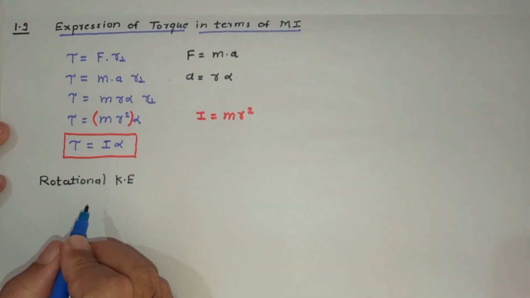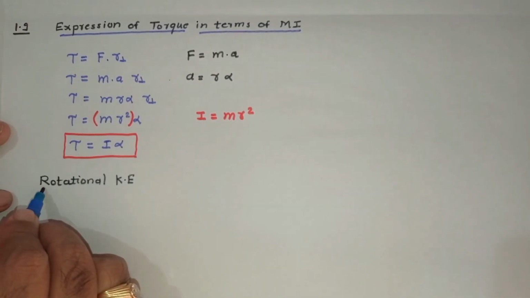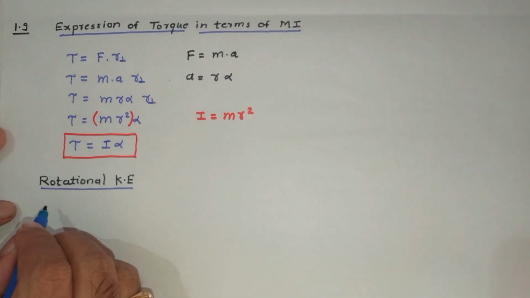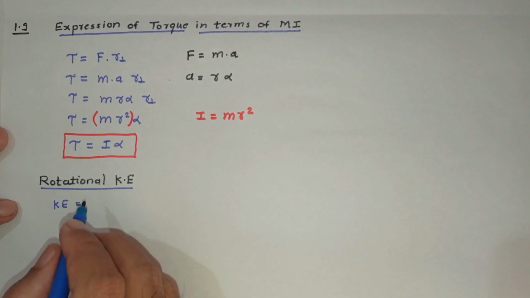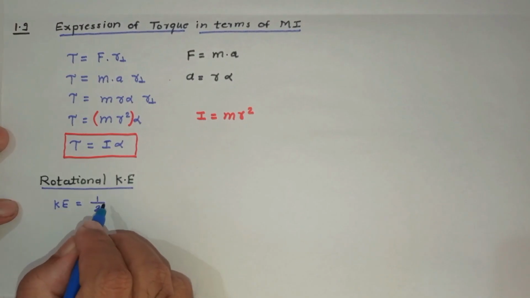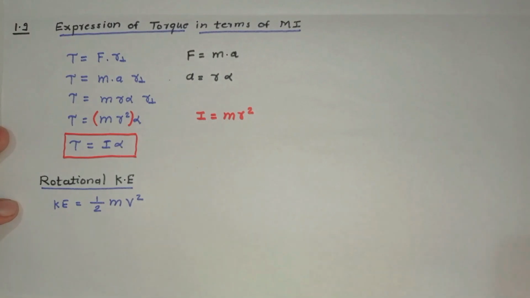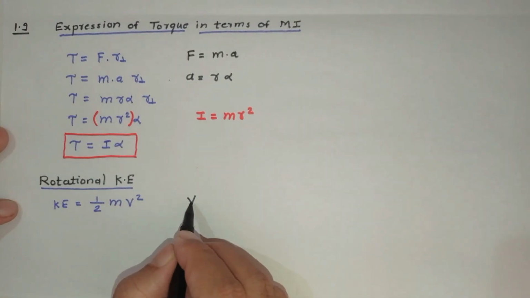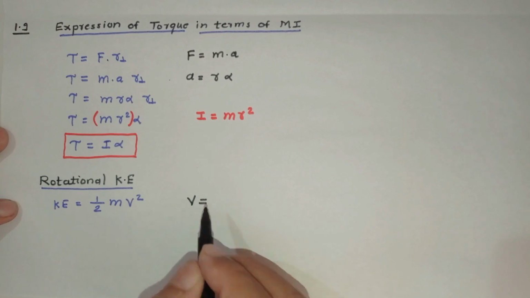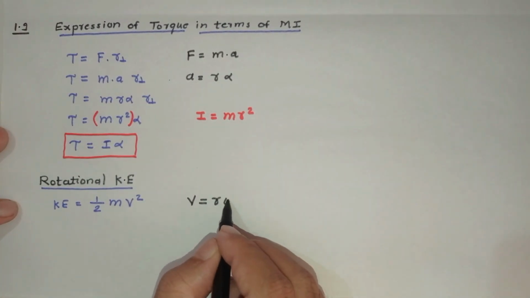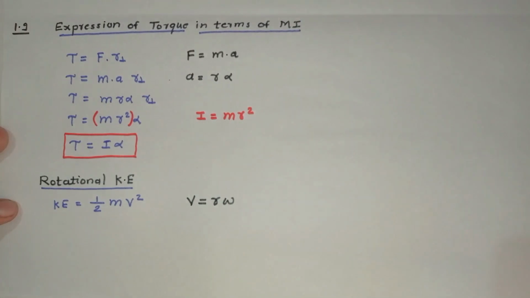Next we'll see the rotational kinetic energy. We know that kinetic energy is given by half m v square. We know the relationship between linear velocity and angular velocity: linear velocity is equal to r into angular velocity.